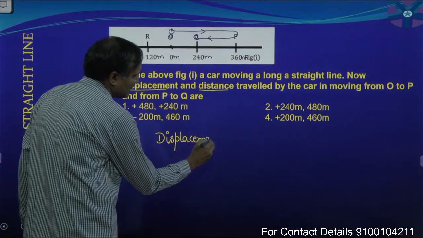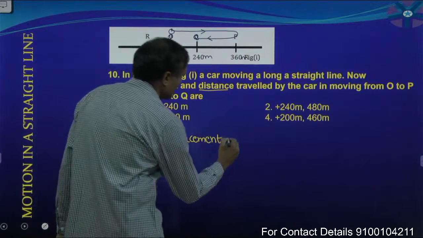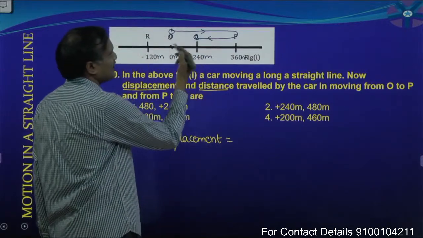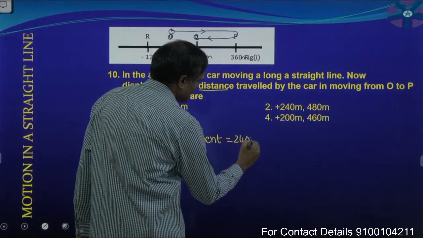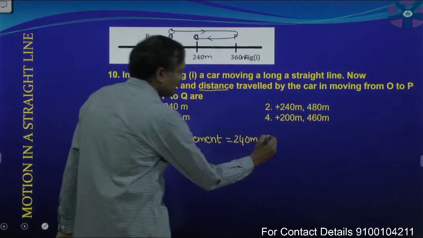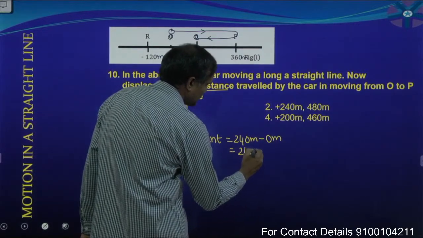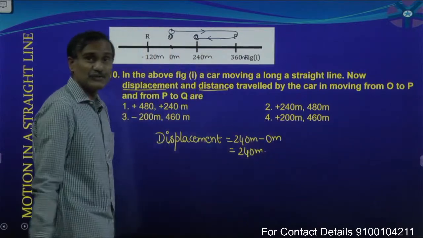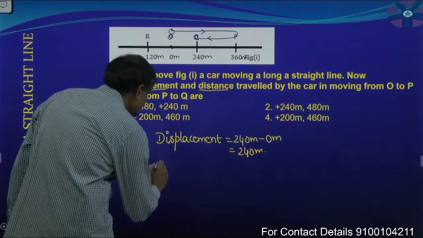How to calculate that displacement here? Final position minus initial position. What is the final position? 240 meter. Initial position 0. So, displacement becomes 240 meter. What about distance?